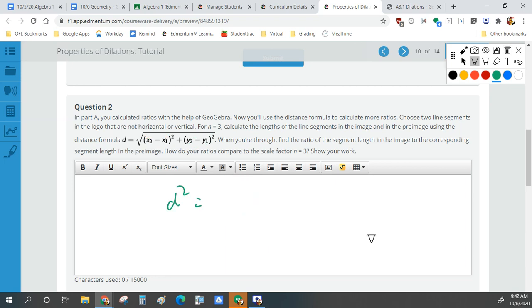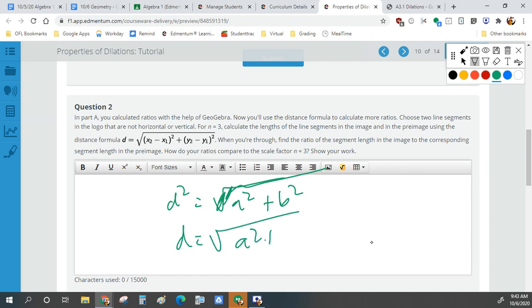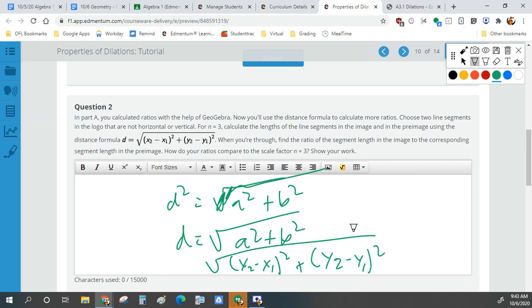D squared equals a squared plus b squared, which turns into d equals the square root of a squared plus b squared. How do you figure out a? A is our run, and b is our rise. That's all the distance formula is.